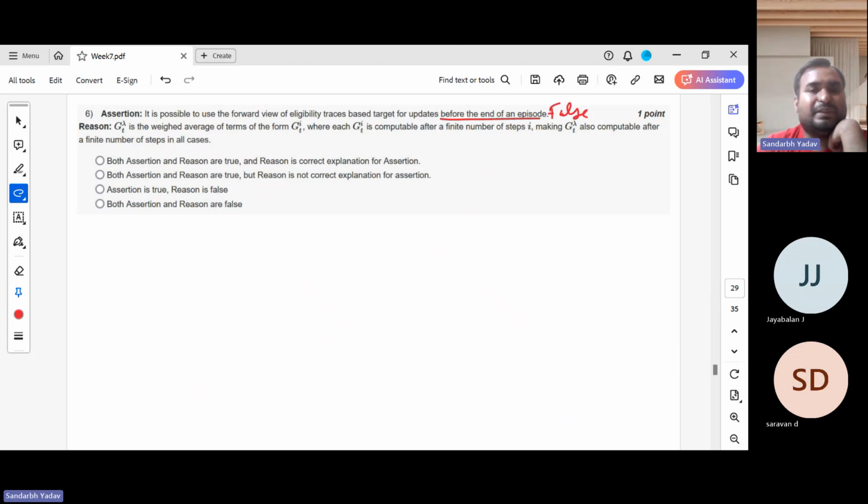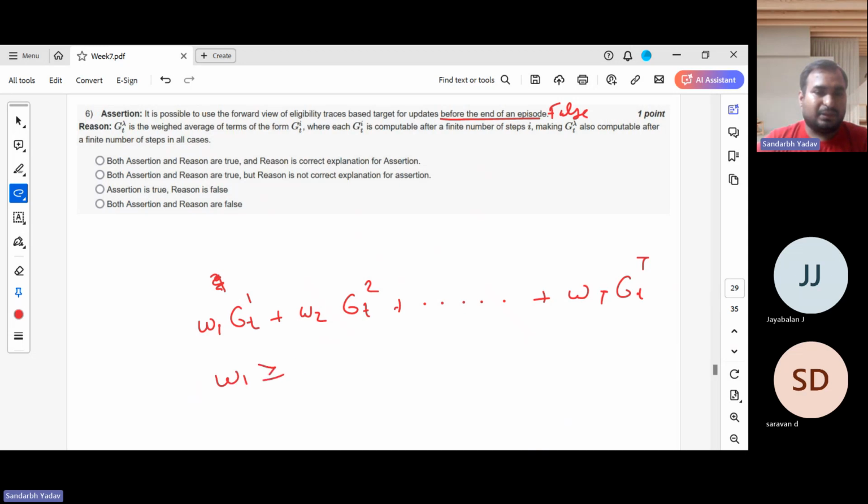Because what is this lambda return? Essentially, if we use some weights, let's denote it by w1 G_t(1) plus w2 G_t(2) and so on, maybe w_T G_t(T), and these weights will all be greater than or equal to 0 and sum to 1.